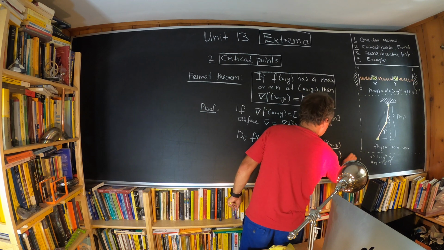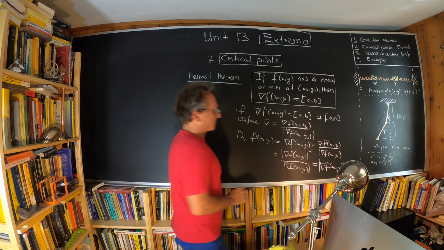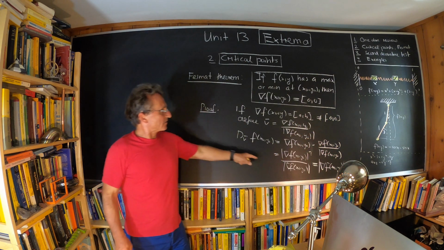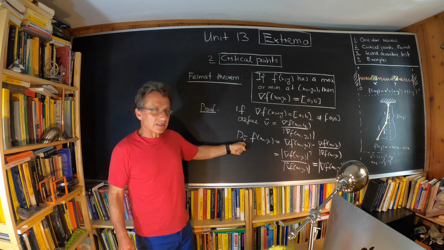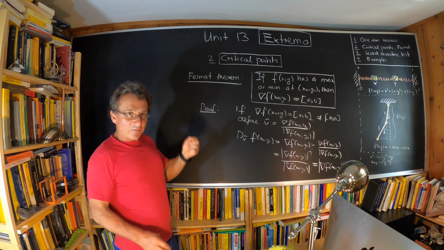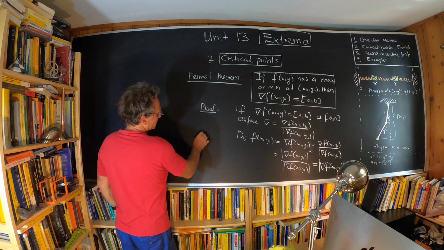That length is bigger than 0, and so what this means is the rate of change when we go in that direction is positive. So f increases when we are there.